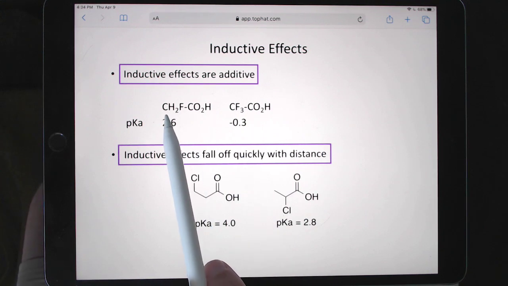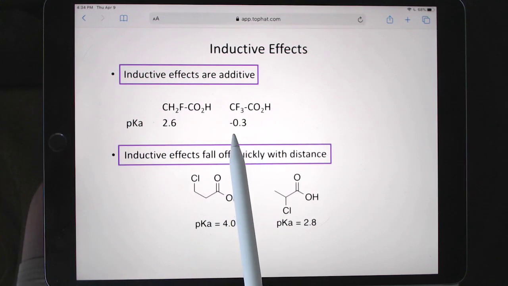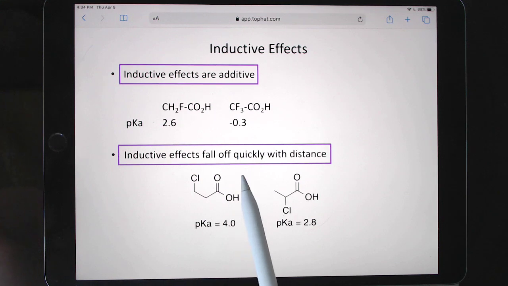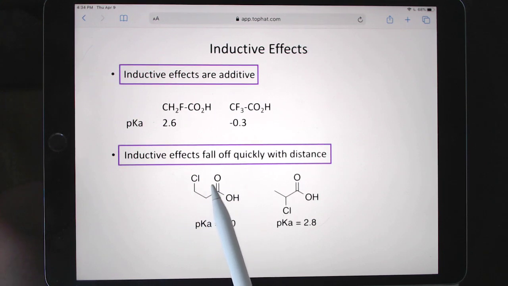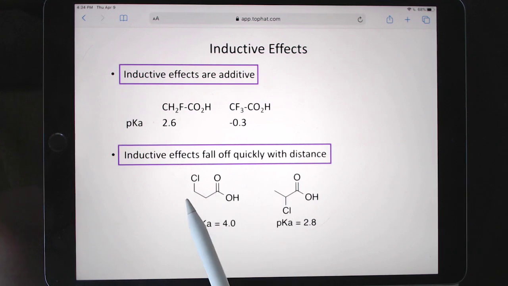Monofluoroacetic acid is 2.6, trifluoroacetic acid is -0.3. But proximity does make a difference: as the electronegative atom moves away, these inductive effects start to dissipate.